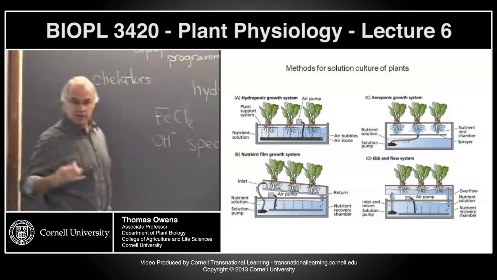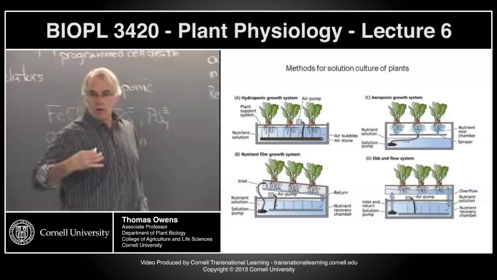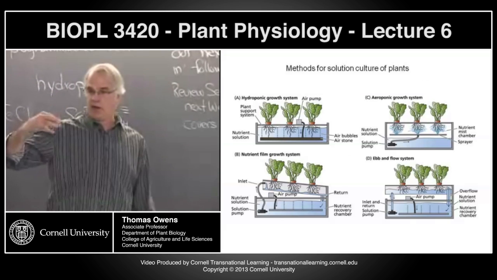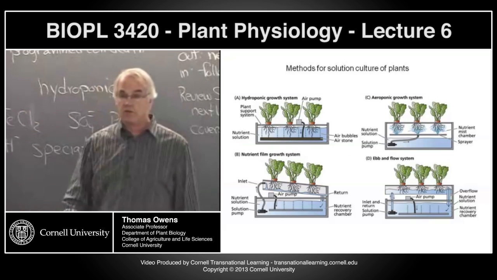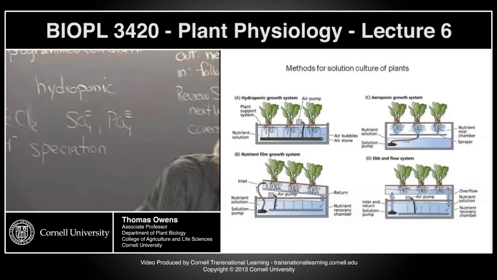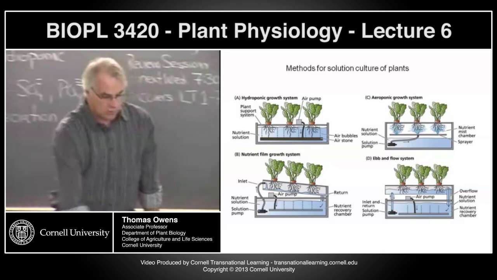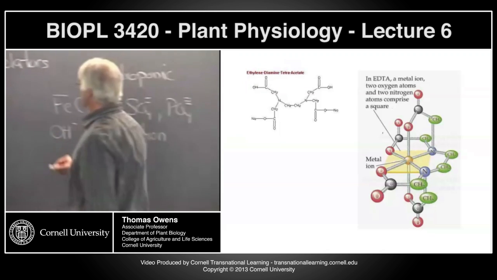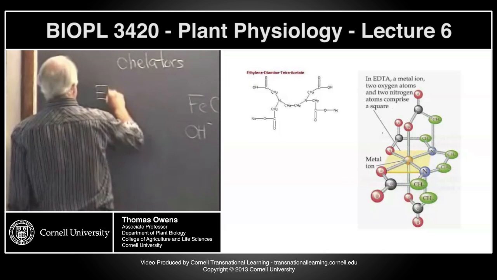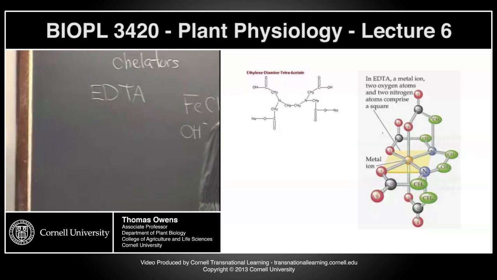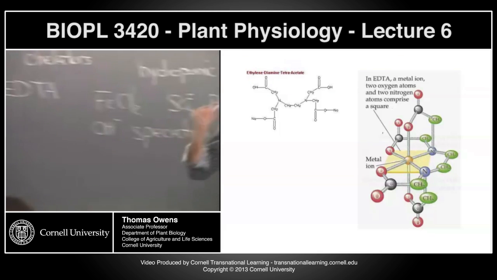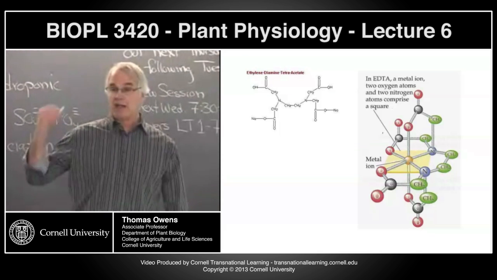Chelators are compounds that allow ions to stay in their dissolved form, prevents the formation of insoluble precipitates. And one of the most common chelators that's used is a compound called EDTA. You don't need to know what it stands for, ethylene diamine tetraacetic acid. Almost all chelators are polyacids.